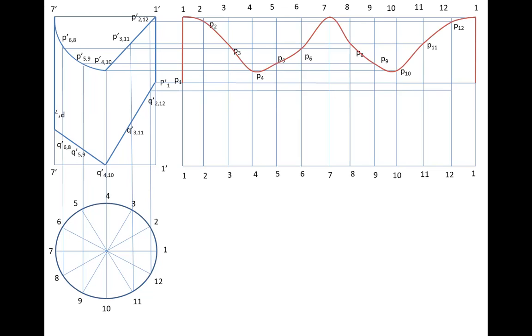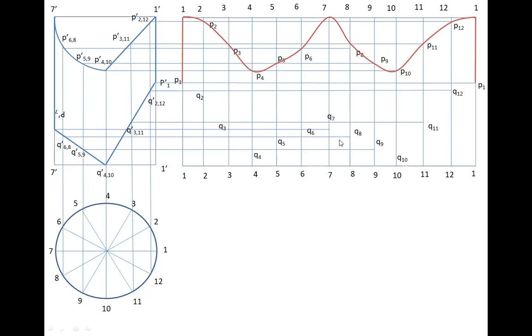And for the bottom side, you can again project the different points. So this is 5 and 9, 6 and 8. Okay. So like this, give the name. This is 7. So 7 on this side.